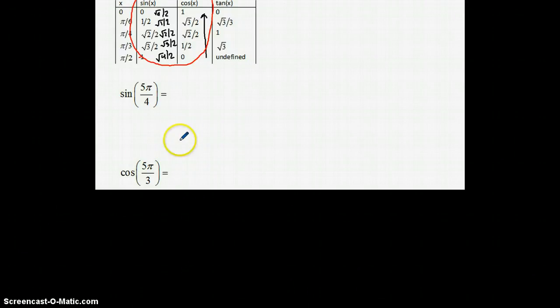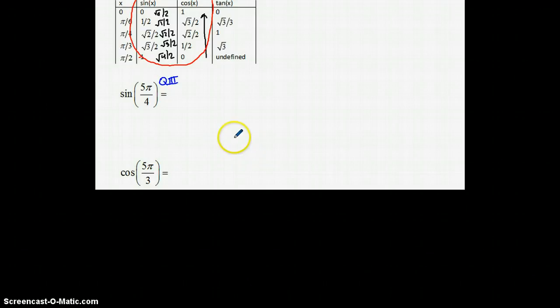Now 5 pi over 4, 5 over 4, so that's going to be between 1 and 1.5. Therefore, this is in quadrant 3. It's between pi and 3 pi over 2.